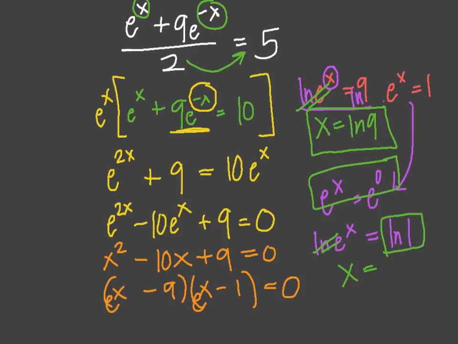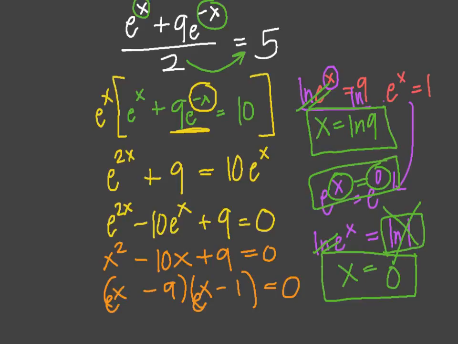The natural log of 1, you should know, is 0, because that means e to the what is 1. Here we have x equals 0, which is also the same outcome. So our final answer is not actually natural log of 1. Our final answer is x equals 0. Okay, so we got two answers. We got natural log of 9, which is a funny looking answer, but is still a number, and we got x equals 0.